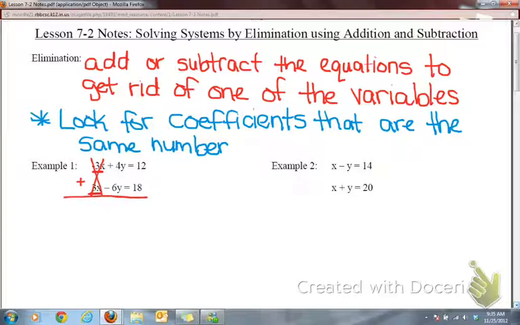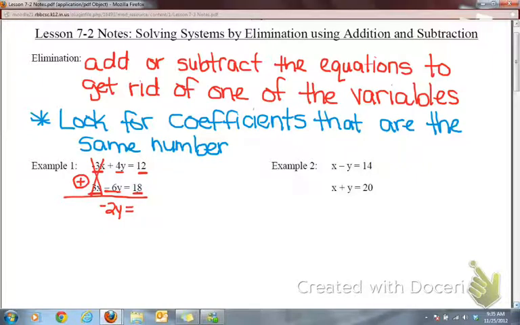So with your y's, you have a 4y plus a -6y. So that's 4 plus -6. And that is -2. So that's a -2y. And then equals, and you again add with your 12 here and your 18.